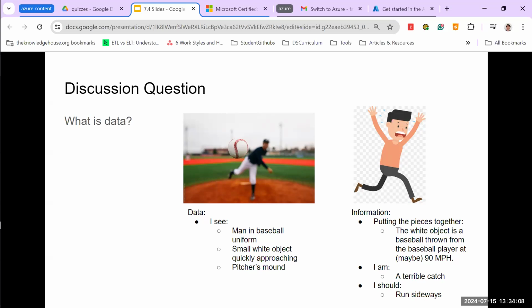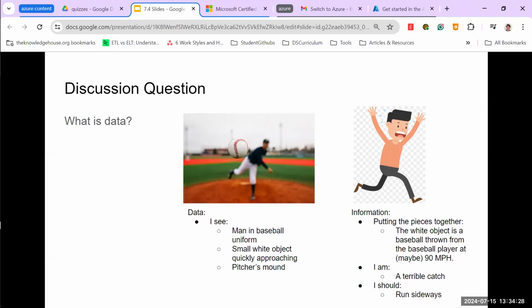But really, data is just the unactioned information that you have yet to gain insights from. For example, let's say I'm standing on a baseball mound, and I observe the following data.